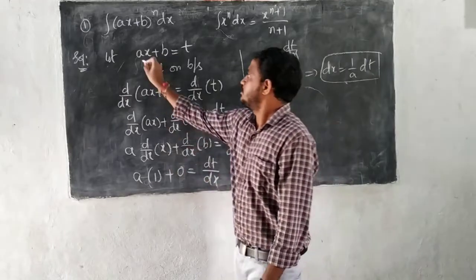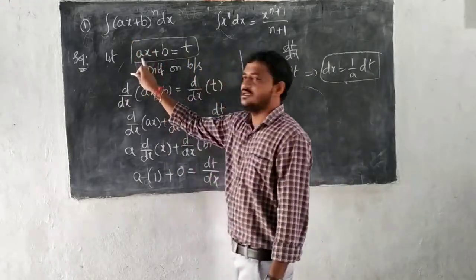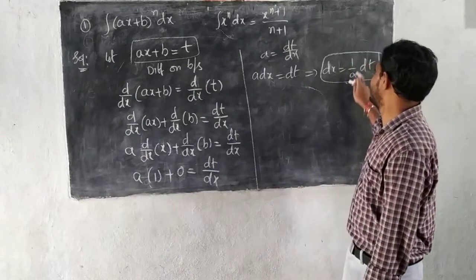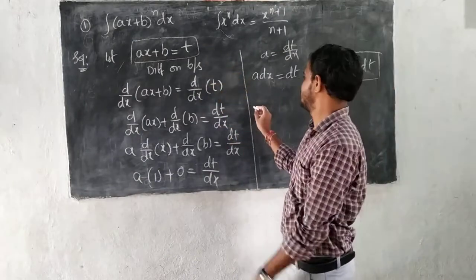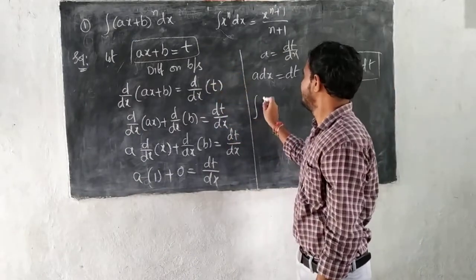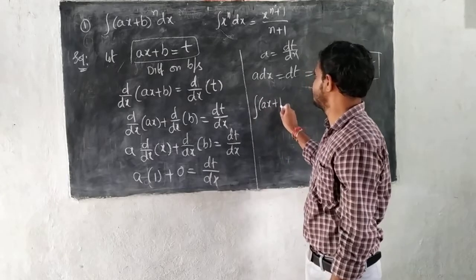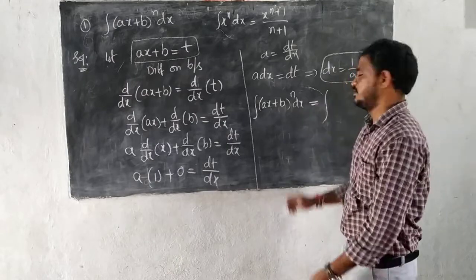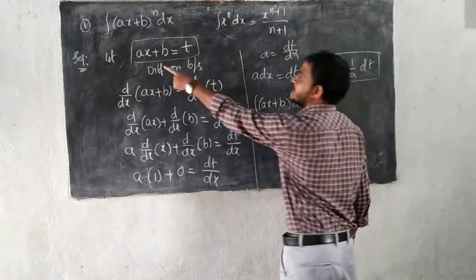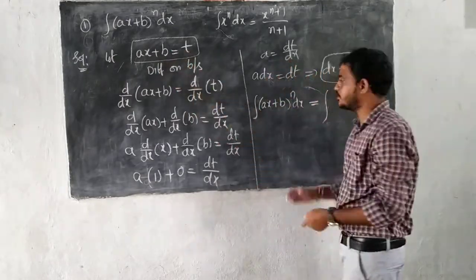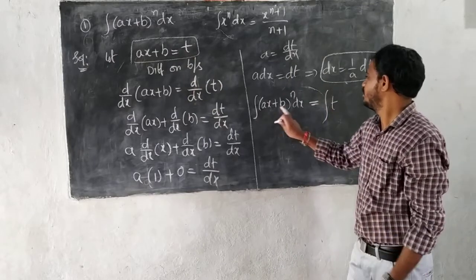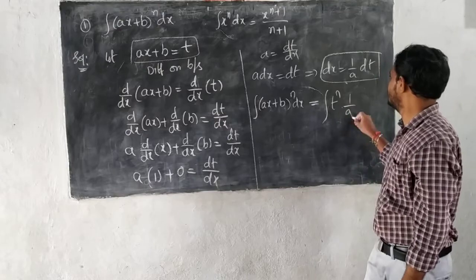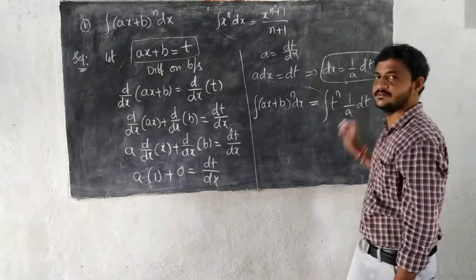Substitute ax plus b equals t and dx equals 1 by a dt in the given function. So we can write integration of (ax plus b) to the power of n into dx as t to the power of n into dx. Dx is what? 1 by a dt.